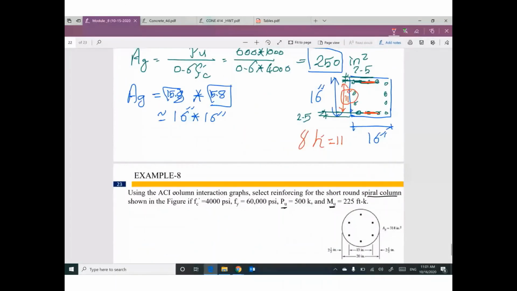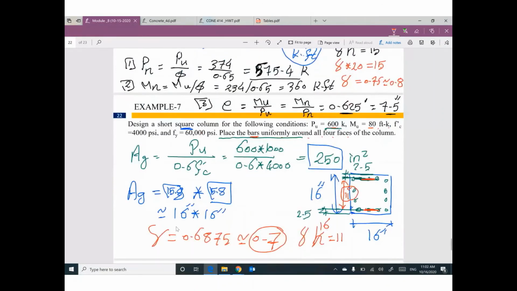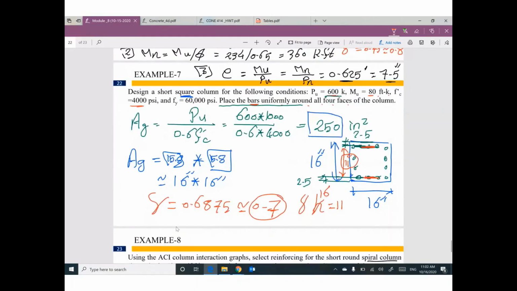So I can figure out the value of gamma, 0.68 something. So probably it will be 0.7. Because from F prime C, F yield, and gamma, I can figure out which interaction diagram I'm gonna use. Okay, looks good.